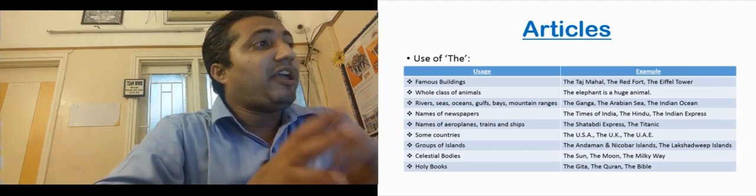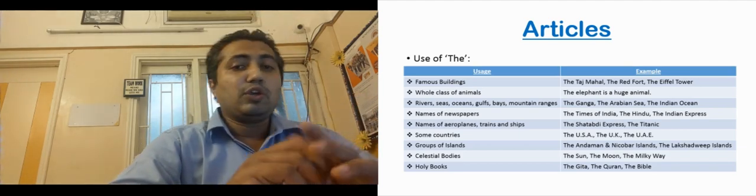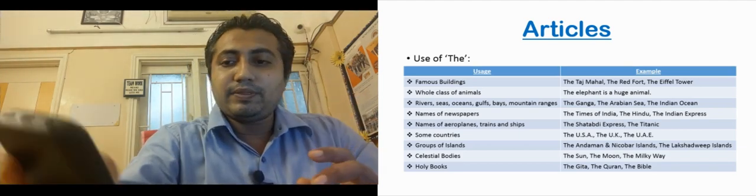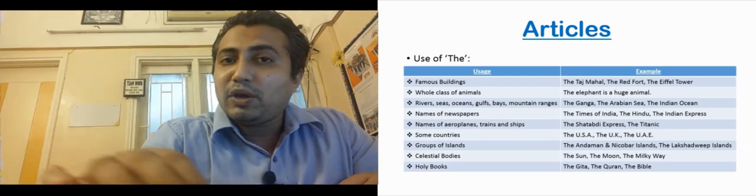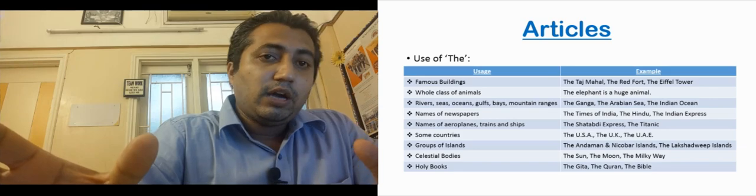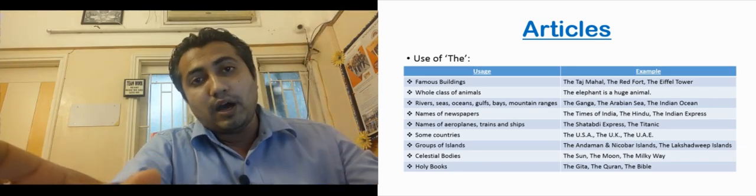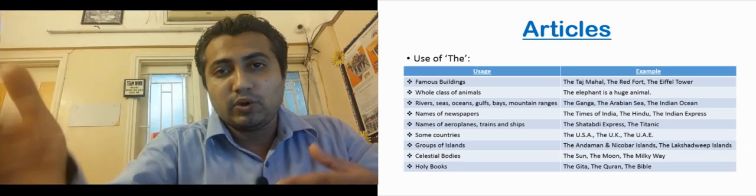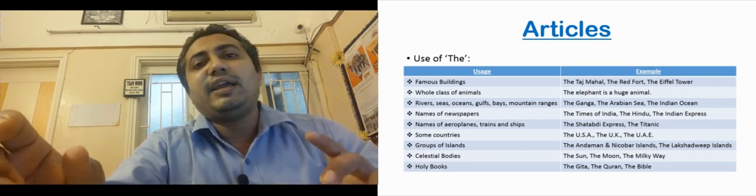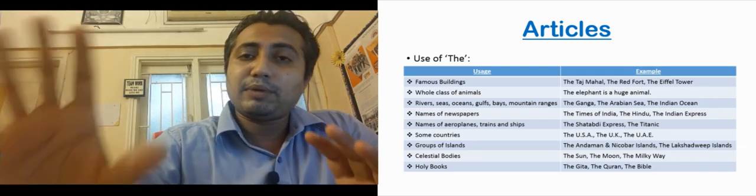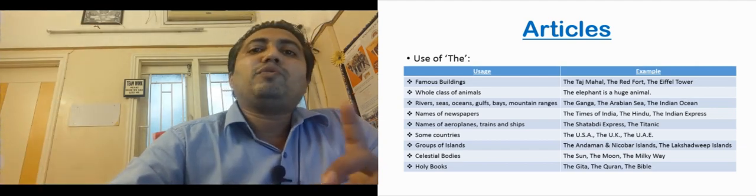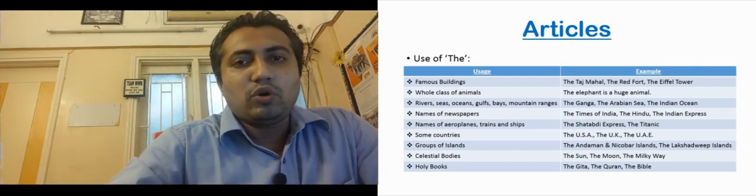The में first, famous buildings. अभी famous buildings है तो we will be using the, that is the Taj Mahal, the Gateway of India, the Qutub Minar, the Taj Hotel. So when we are telling about some famous building, हम किसी famous building का जब नाम लेते हैं तो we use the before those names.